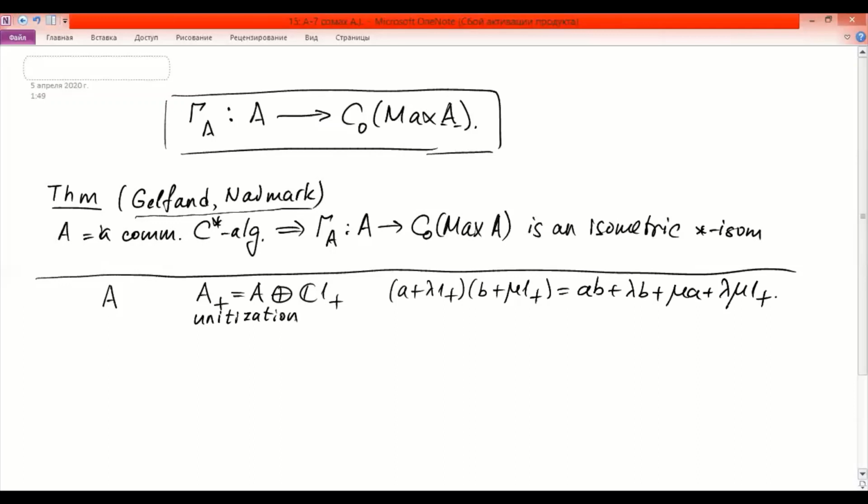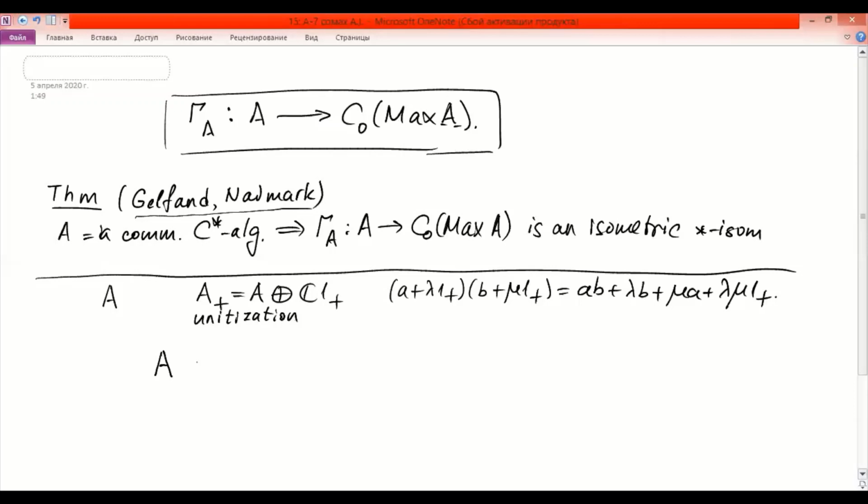It can be shown that if A is a Banach algebra, then A plus is also a Banach algebra. And a slightly more difficult result is to show that if A is a C-star algebra, then there is a canonical norm on A plus, which makes A plus into a C-star algebra. And here's a picture now which relates the Gelfand transform of A with the Gelfand transform of its unitization.